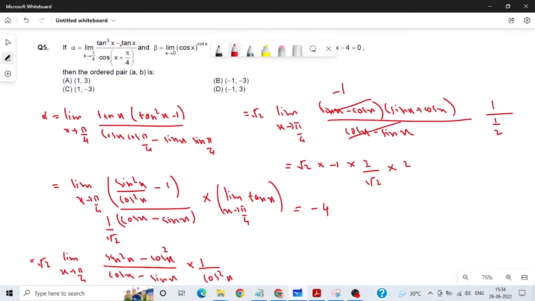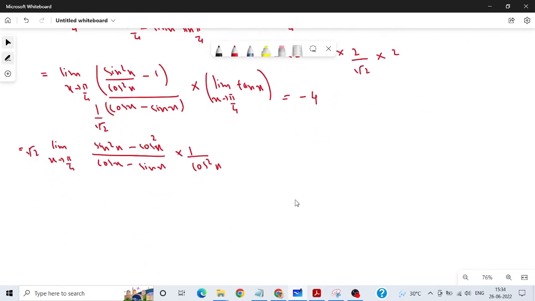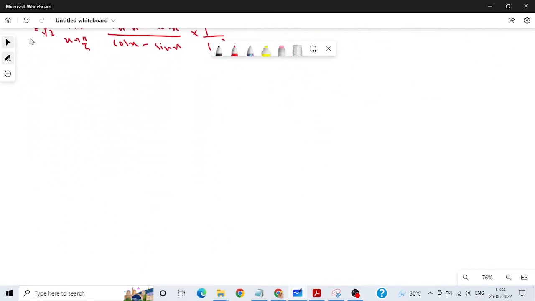So now let's calculate the value of beta. So we have beta equals limit of x tends to 0 of cos x raised to cot x. So now, as we have a variable raised to a variable function, we can take the help of logarithm to simplify this.